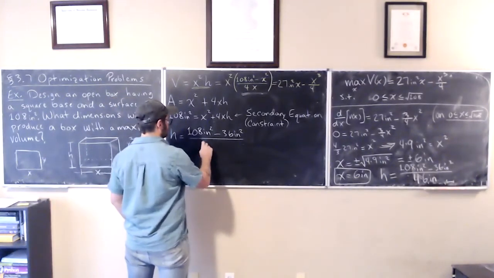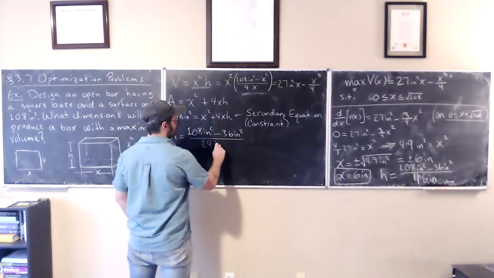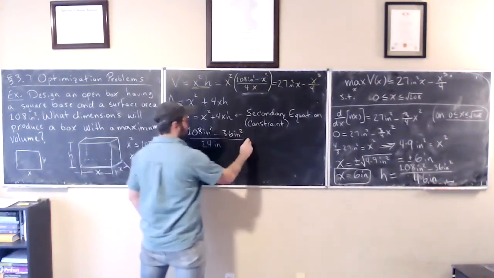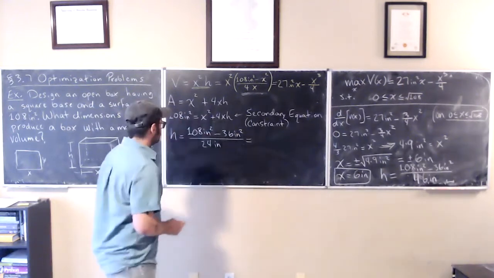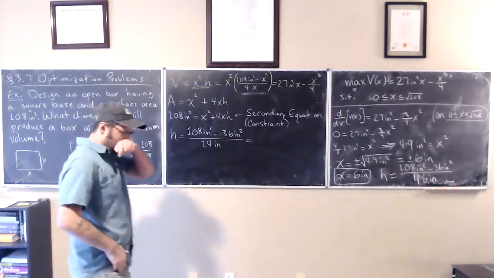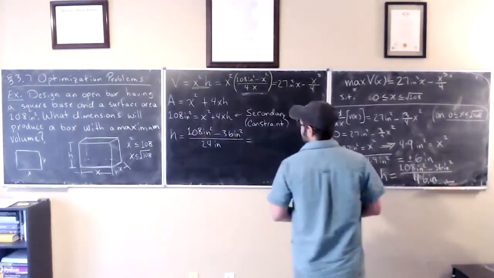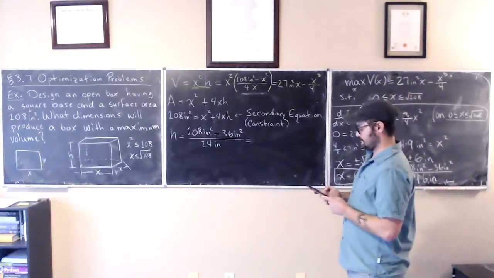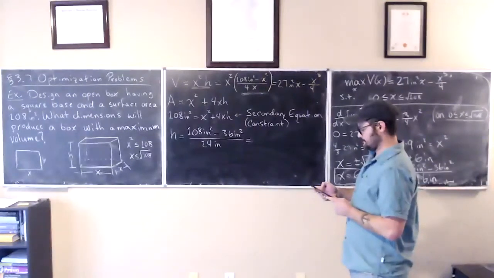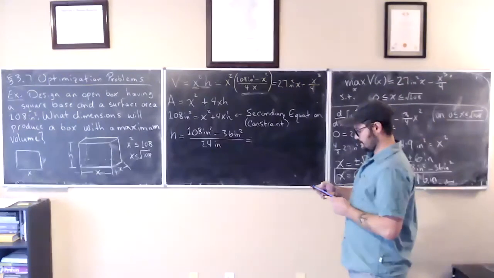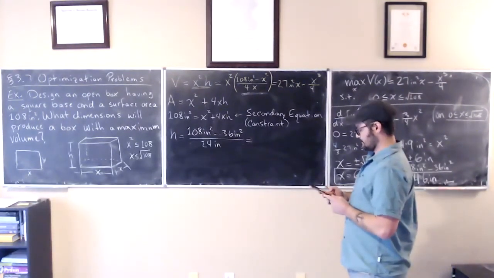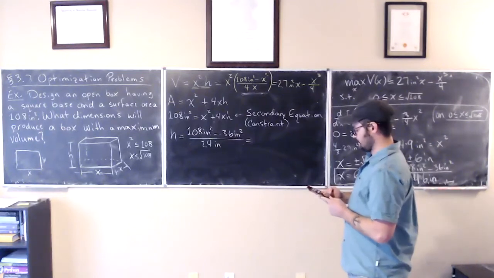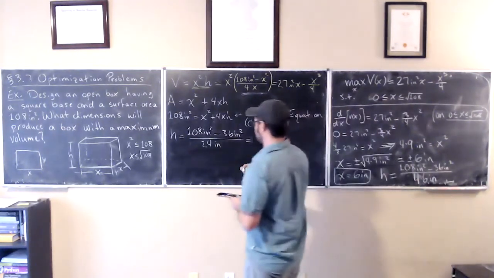Yeah, 24 inches. So the inches will cancel, so what does this become? 108 minus 36 is, I'll just quickly do this right here, just because I'm not too quick today with mental arithmetic. So 108, 2.